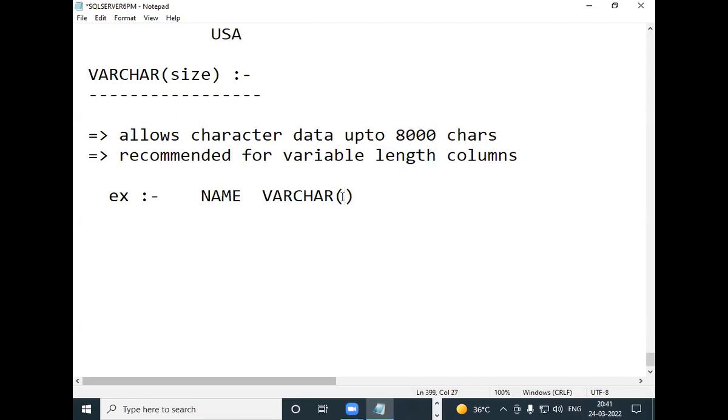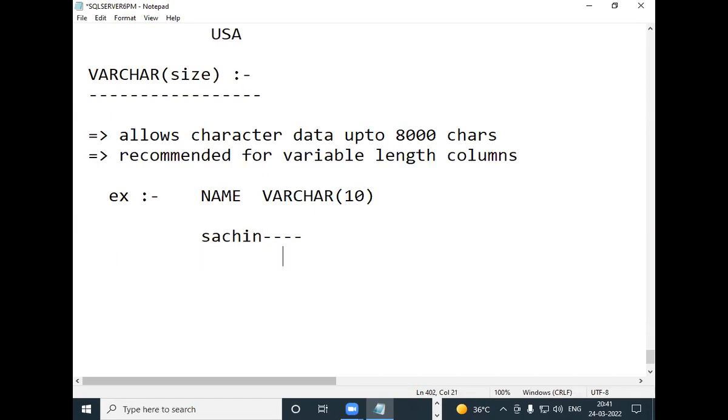Next, it allocates 10 bytes for name. Suppose I entered the name Sachin. This takes 6 bytes. What about the remaining 4 bytes?